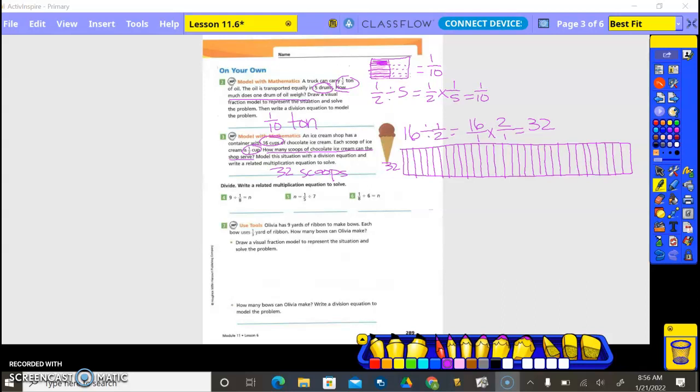Divide, write a related multiplication equation to solve. So I would say 9/1 times 8/1 is the reciprocal, equals 72/1, which equals 72. Next one, they have it in first, but do I change the order? No, I do not.